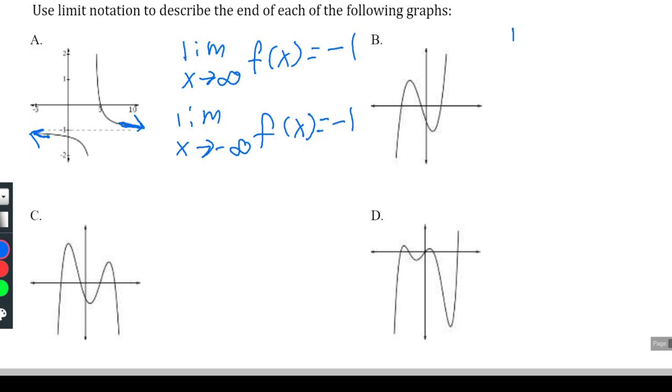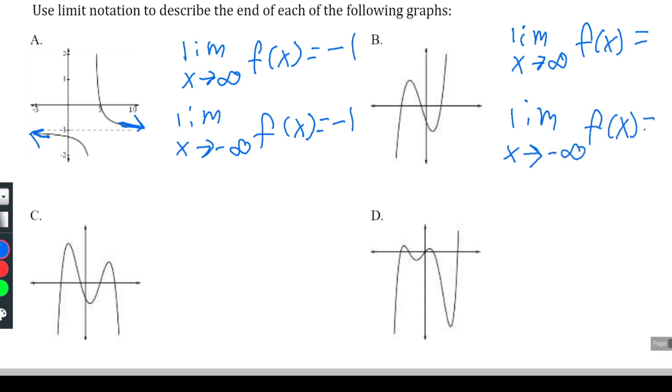So as we did before, we always want to write out our limit form. Anybody want to take a guess for the positive limit, when x gets really, really big, for B?